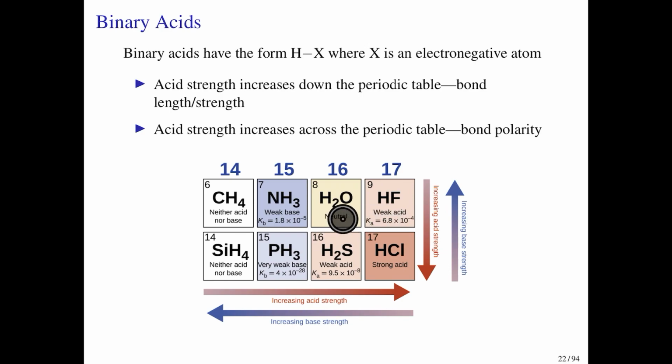The same thing's true when you compare water to ammonia. The OH bond is much more polar than a nitrogen-hydrogen bond, and so, relatively speaking, the hydrogen in water can be given away more easily than the hydrogen in ammonia. And in fact, ammonia, as we've learned already, is a weak base. It's not acidic at all.